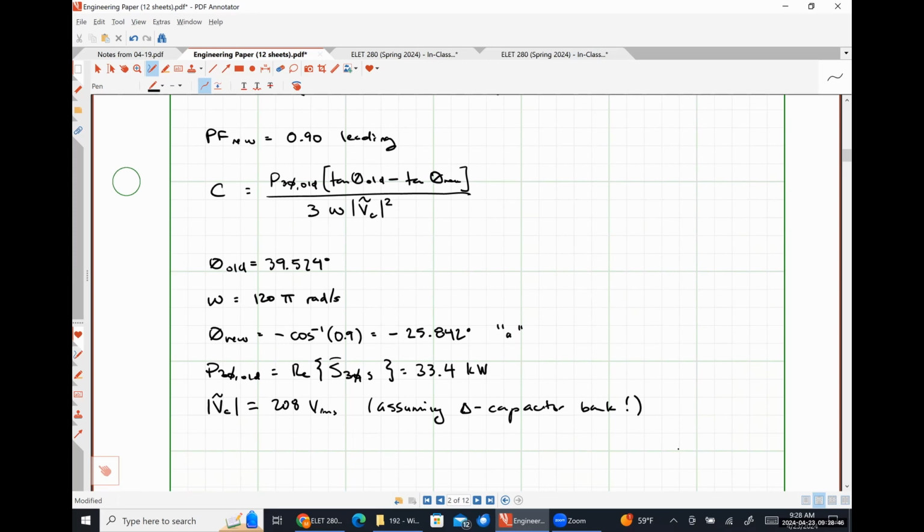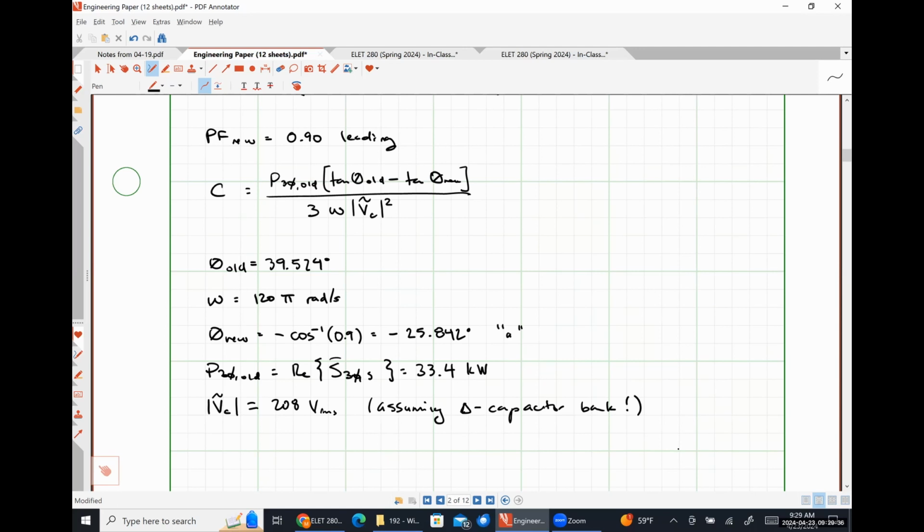So we're gonna have 33.4 times 10 to the positive 3, that's just me converting my kilowatts into watts, times the tangent of the angle of theta, minus the tangent of what I have stored in my calculator as A, divided by 3 times 120 pi times 208 squared.